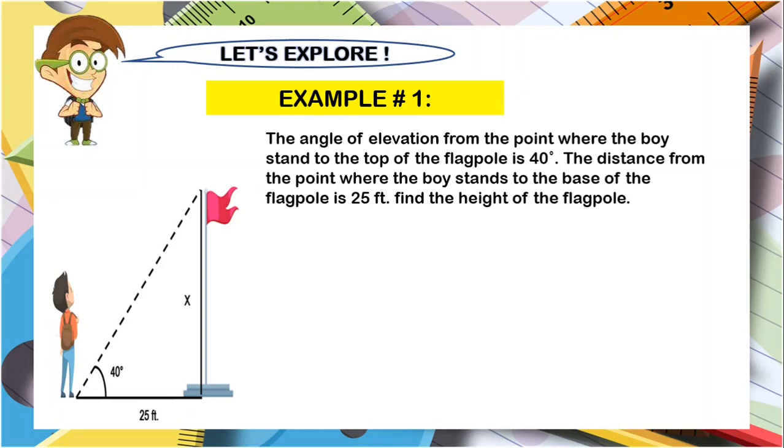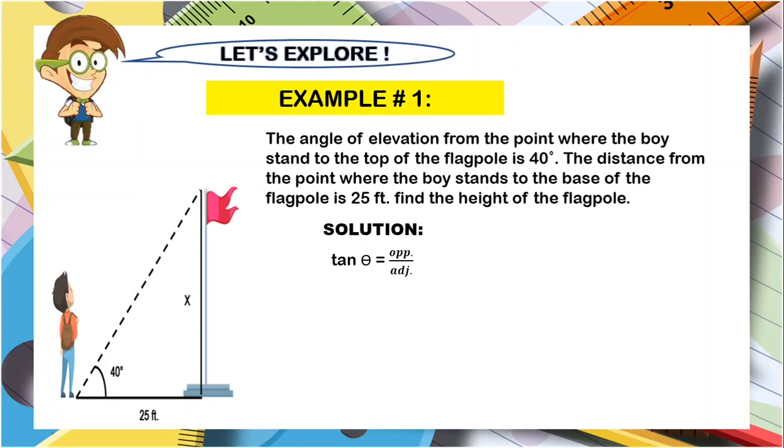As you can see, the sides that are part of the problem are the opposite side and the adjacent side. Therefore, we use the tangent ratio to solve the given problem. Remember that in the tangent ratio, the opposite side is divided by the adjacent side.